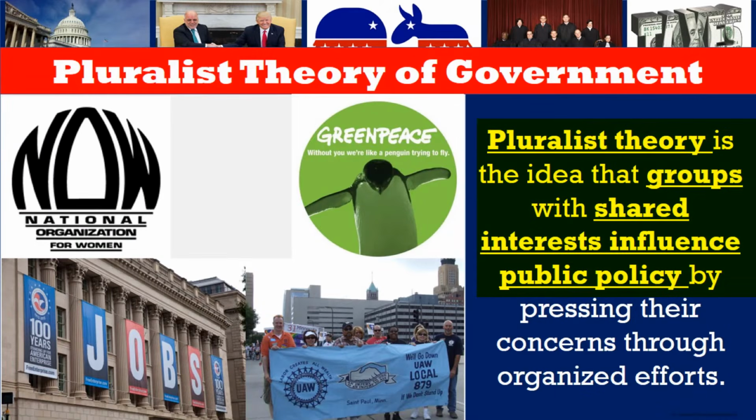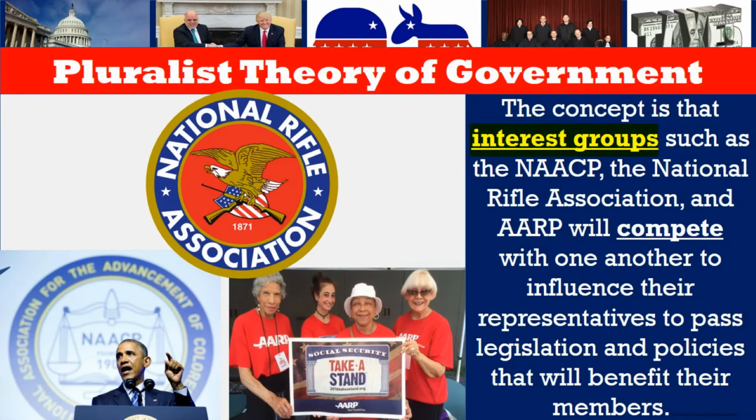Pluralist theory is the idea that groups with shared interest influence public policy by pressing their concerns through organized efforts. The concept is that interest groups such as the NAACP or the National Rifle Association and AARP will compete with one another to influence their representatives to pass legislation and policies that will benefit their members.